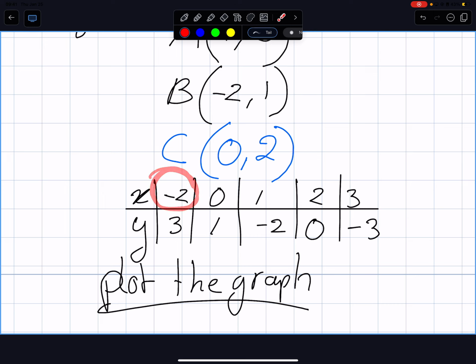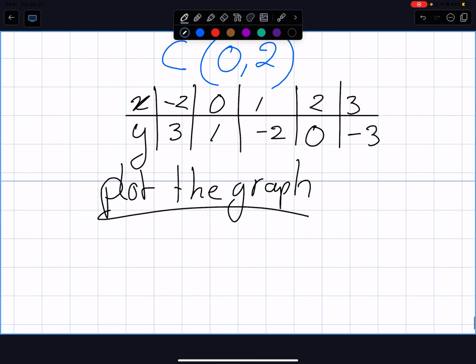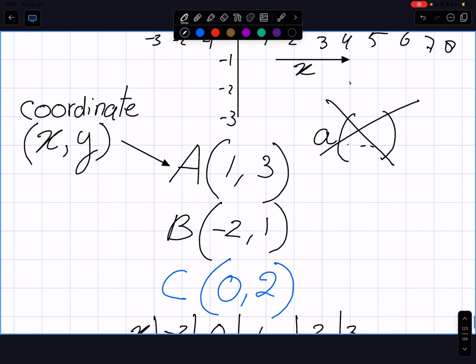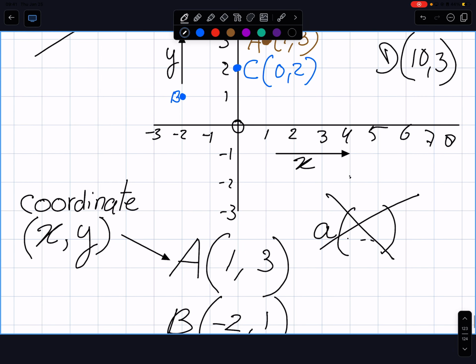Here you have an x value, and the y value that belongs to this x value is 3. So the first coordinate is (-2, 3). Do you have to write it? No. Just put it in the graph. (-2, 3).